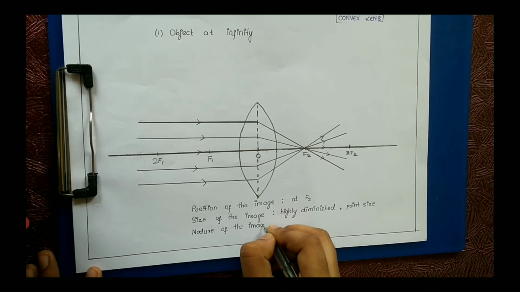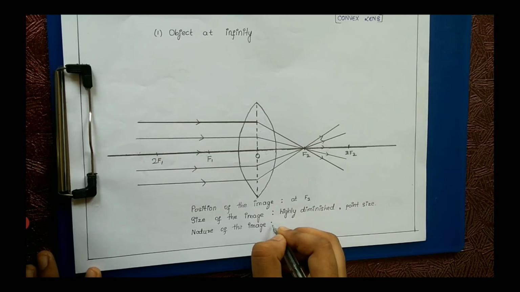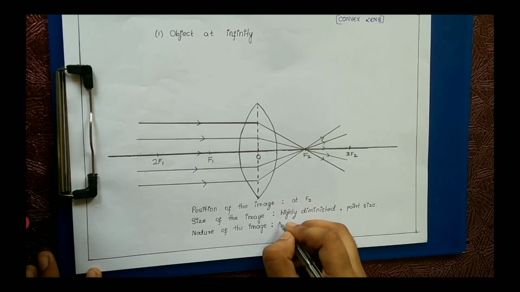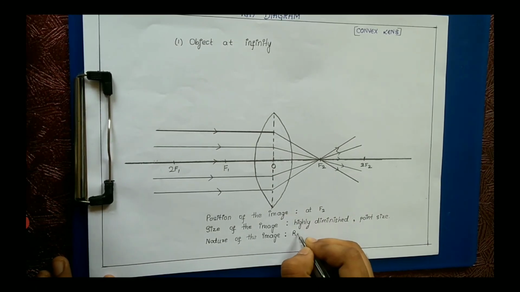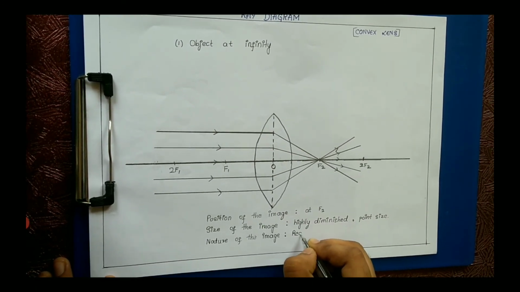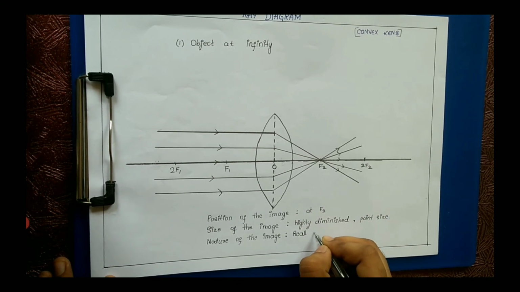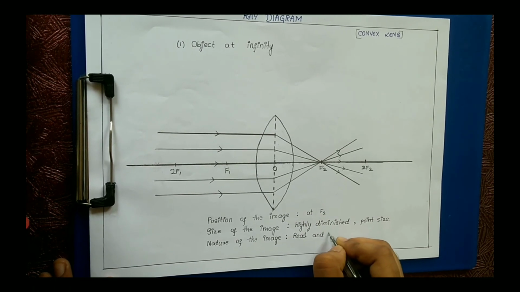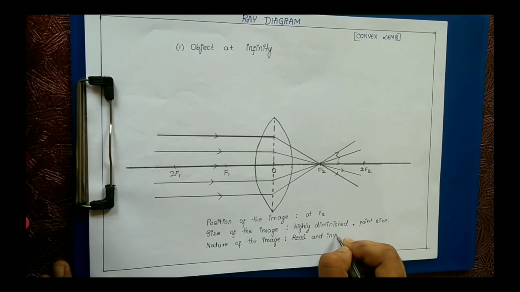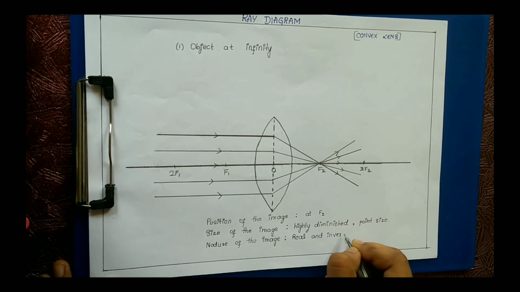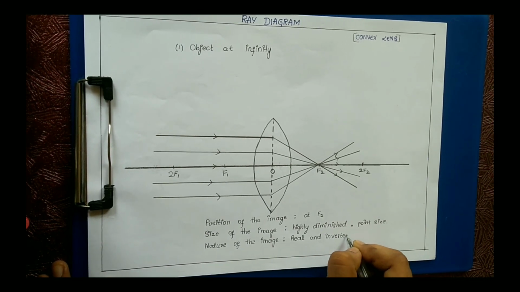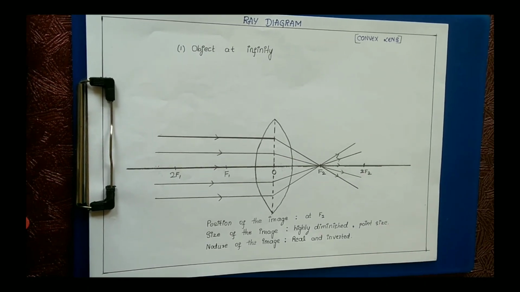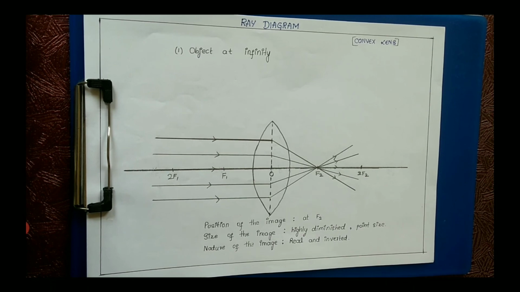So it is a real image, and also you write it is an inverted image, real and inverted. That is the position, size and nature of the image. Position is at F2, size is highly diminished, point size, nature is real and inverted.